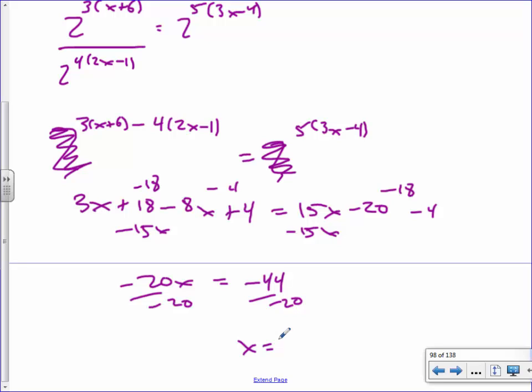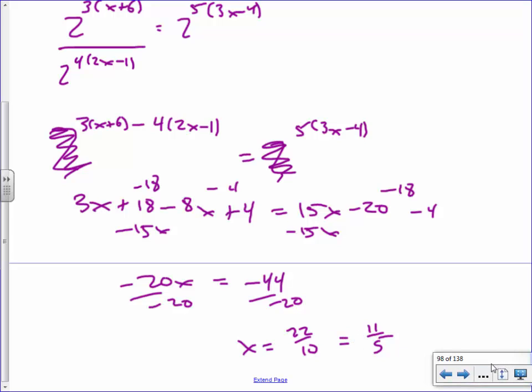For 10 and 22. Which would be 11 over 5. Anybody else get that? Or did I screw it up? Does that make sense what I did? I didn't say it all out loud, but I got a 20 on one side and a 44 on the other. Anybody else get that one?